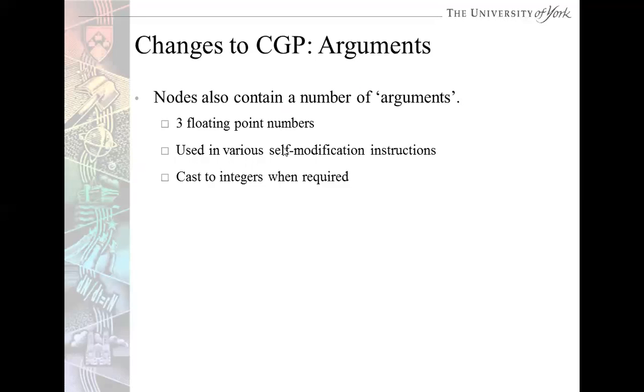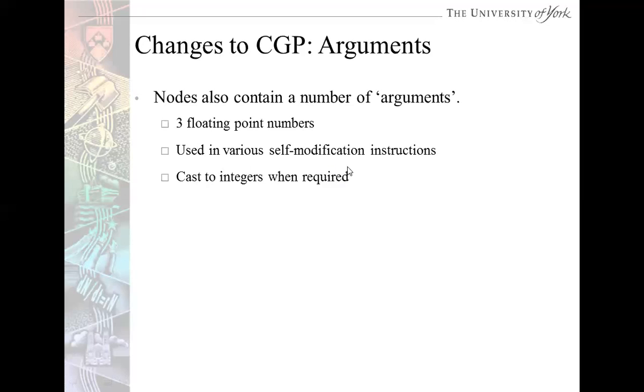So all nodes in SMCGP have arguments, whether they're self-modifying or not. If they're not self-modifying, they just ignore their arguments, because they just take data inputs and process them and provide an output. They don't need arguments. But if they're self-modifying, they will use those arguments. And these arguments are 3 floating point numbers.